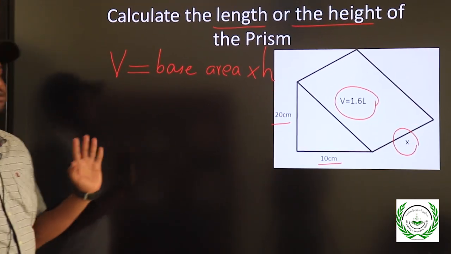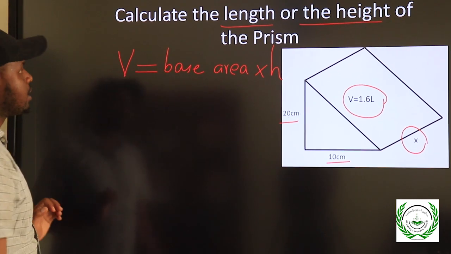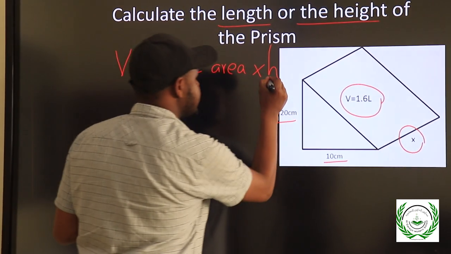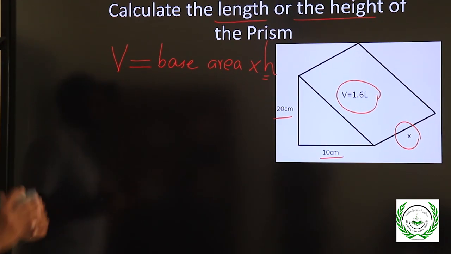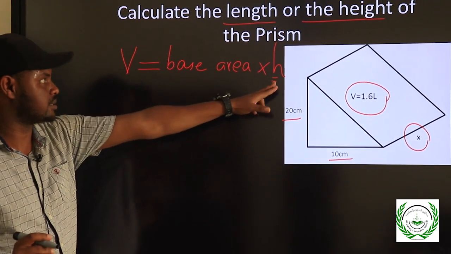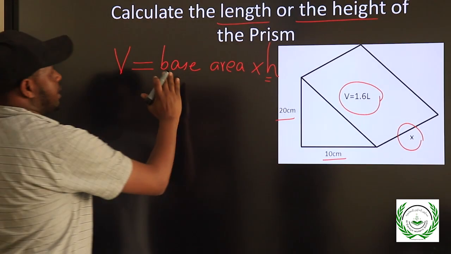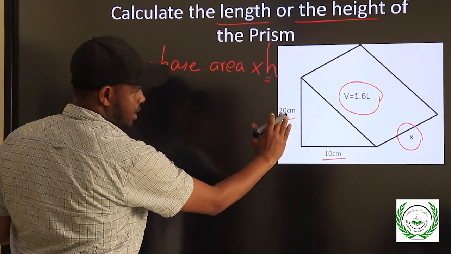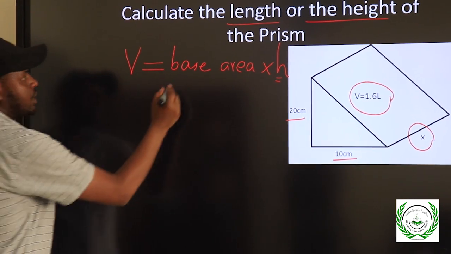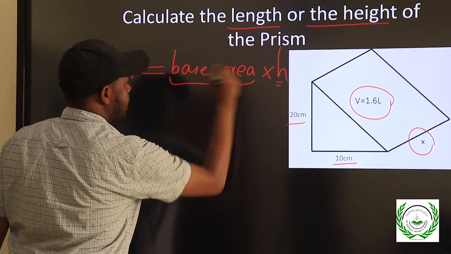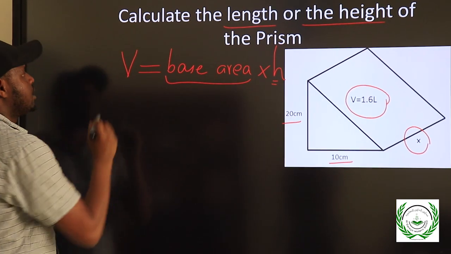You know the volume of the shape here, but this is missing. The length or the height of the shape is missing. We have to calculate this. And the base area, you have 20 and the 10. We multiply together. So, first we have to find the base area.